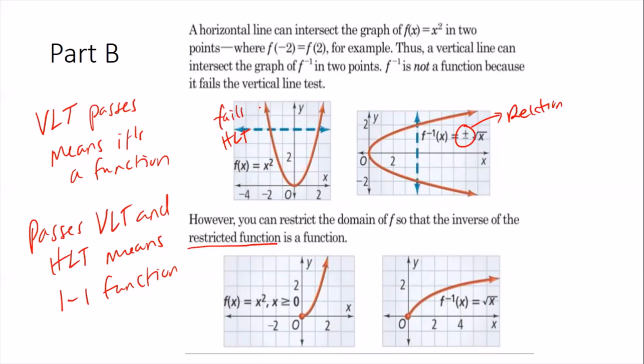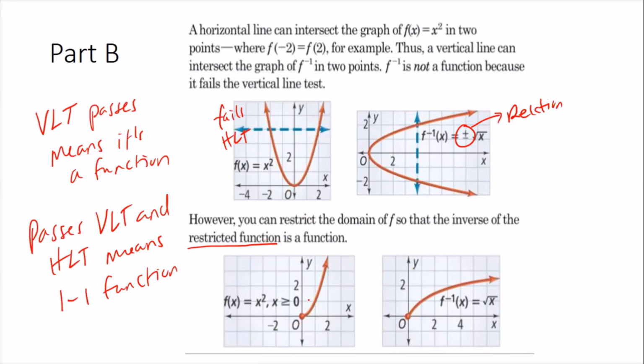So instead of us looking at the whole quadratic, we only look at the positive half. And that's why we say, okay, we're analyzing x squared, but only where x is greater than or equal to 0. Relation.